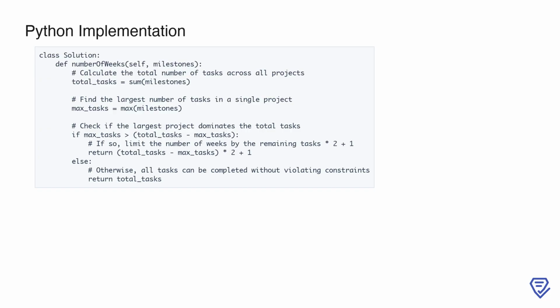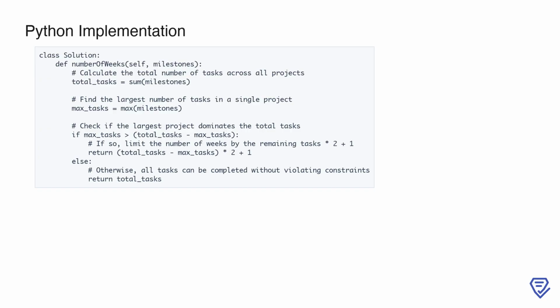Then, it identifies the maximum number of tasks in any single project using Python's max function, storing this value in max_tasks. The core of the solution revolves around checking whether the largest project dominates the task distribution. If the number of tasks in the largest project, max_tasks, exceeds the sum of all other tasks, total_tasks minus max_tasks, this project dictates the maximum number of weeks that can be worked.